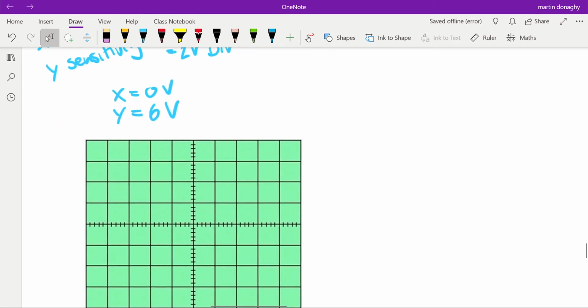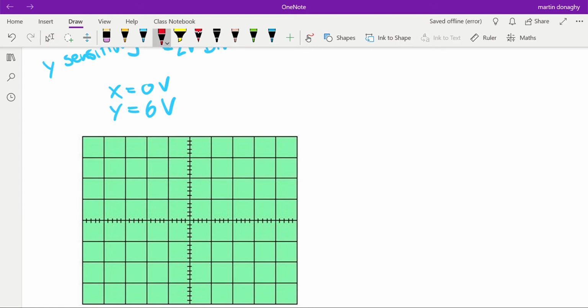So based on that, the little dot on our screen is not going to be moved left and right because we've got 0 volts across the x deflection plates. The y, the vertical deflection plates, we have 6 volts, but each of these divisions is worth 2, so there would be 2, 4, and what we would see on the screen would just be a stationary dot of light 3 divisions up.